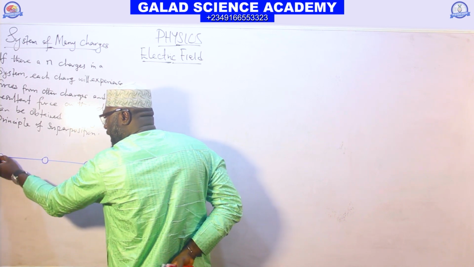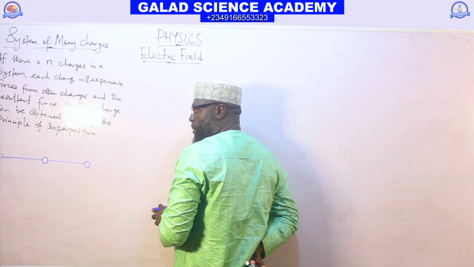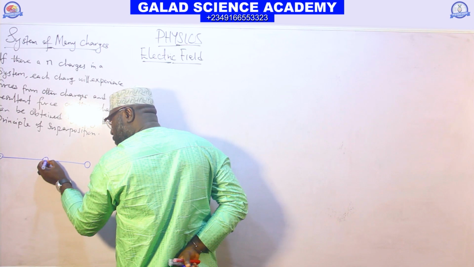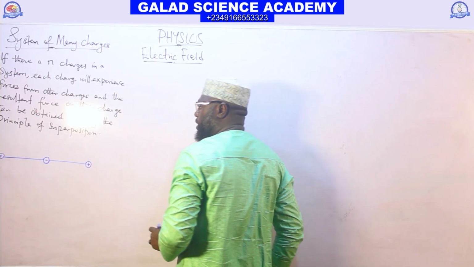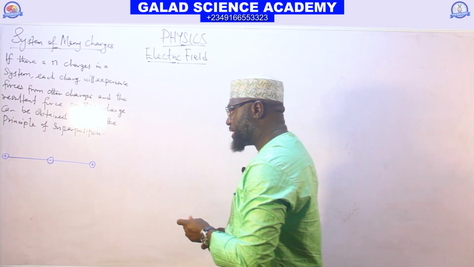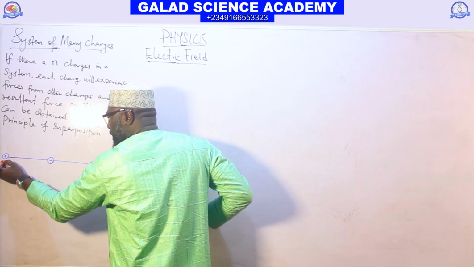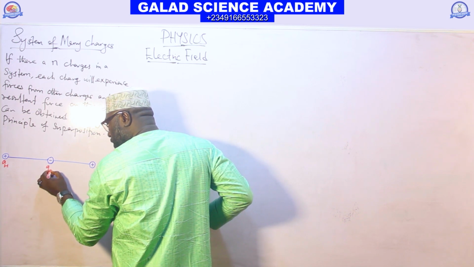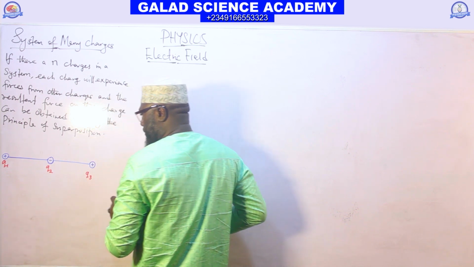The charge we have here, assume is positive, the charge here is negative, and the charge here is positive. Let's call the first charge Q1, this one Q2, this one Q3.